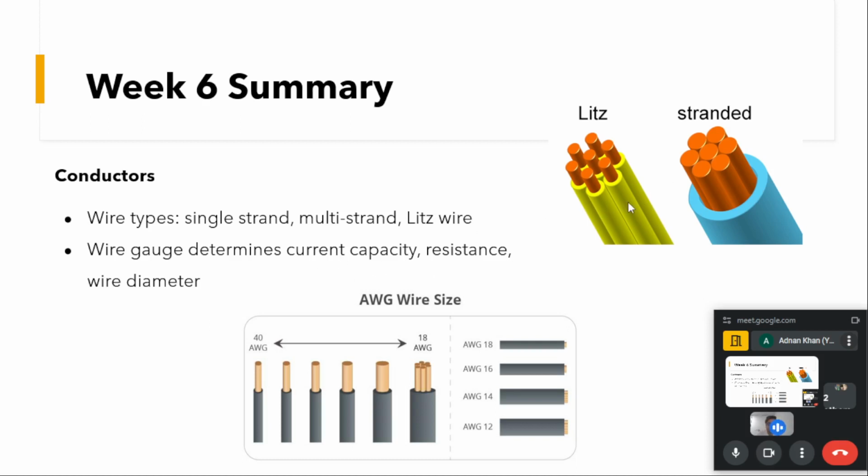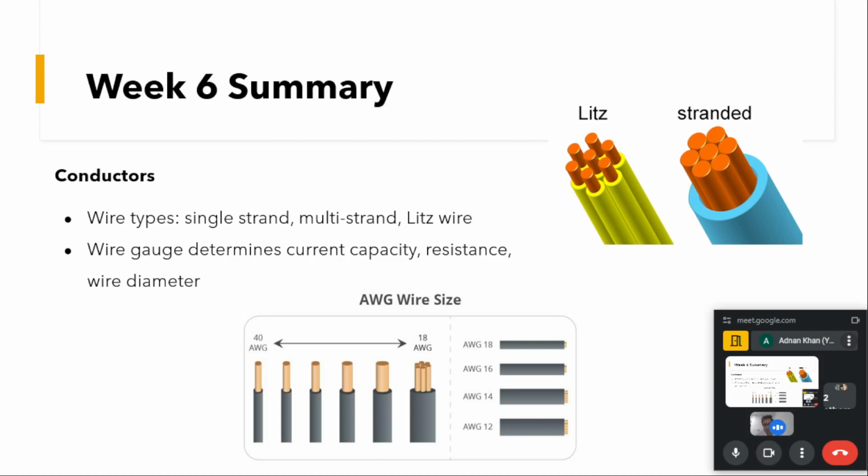The other type of wire is the Litz wire. As I told you earlier, at higher frequencies there will be skin and proximity effects, which will effectively decrease the area of cross section of conduction.